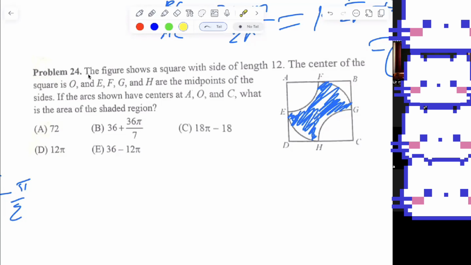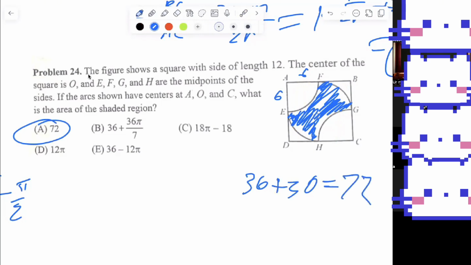So basically, from there, we make two of them. There's one pair, there's two pairs. 2 times 36, because we split it in half, is 72. I'm subtracting from the total area, which was 12 times 12, or 144, gives us a grand total of 72.